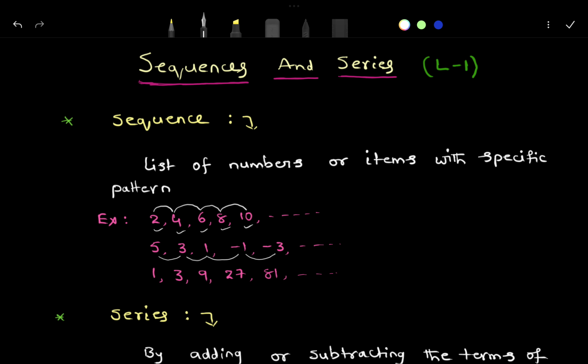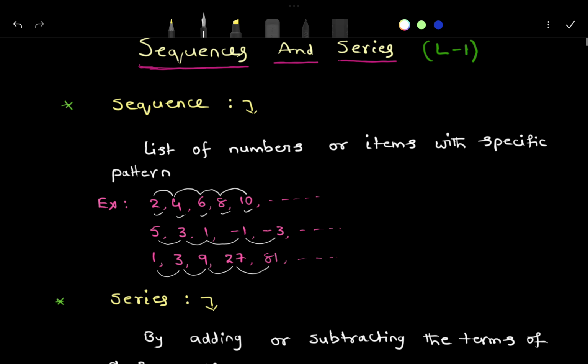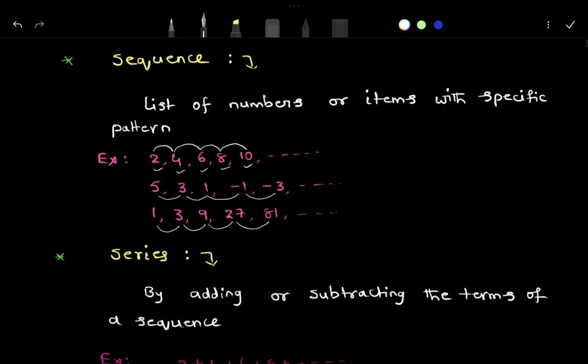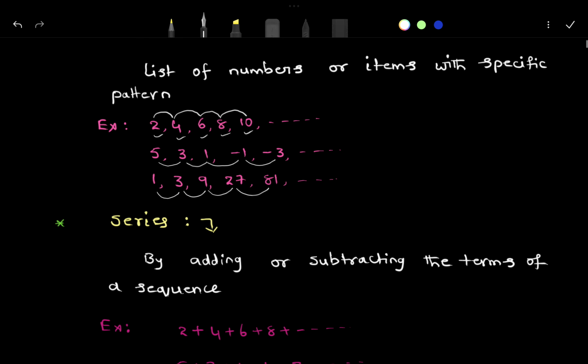And like that, 3 by 1 is 3, 9 by 3 is 3, 27 by 9 is also 3, and 81 by 27 is also 3. So these examples follow a specific pattern. That means all of these represent a sequence.